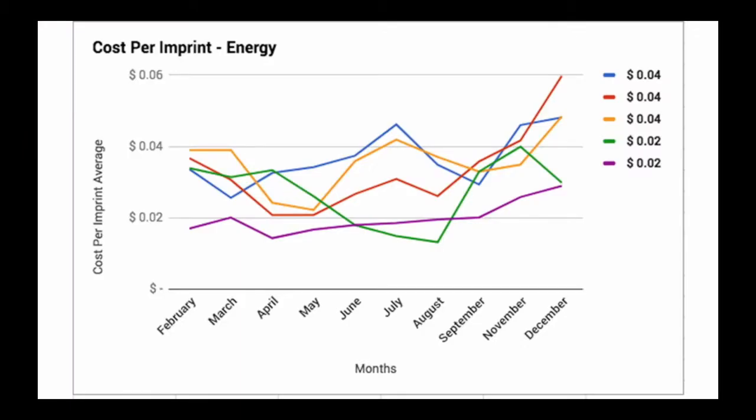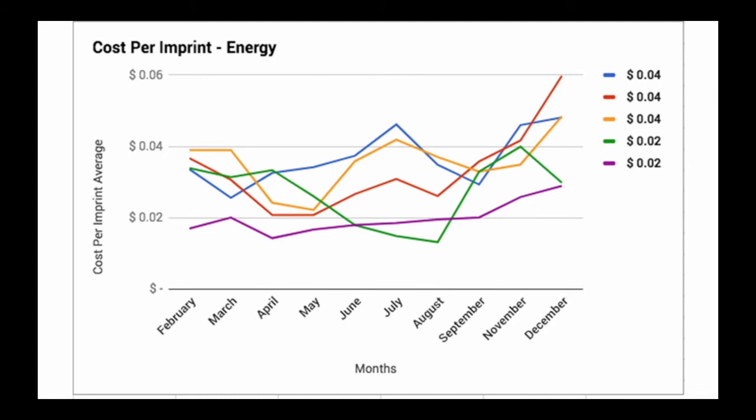Remember, this is from the data that we just did, and each of these colored lines is a different year, starting with 2013 in blue and going all the way to this year in purple. You can see that our costs get lower as we get busier, but we also have some peaks and some valleys.